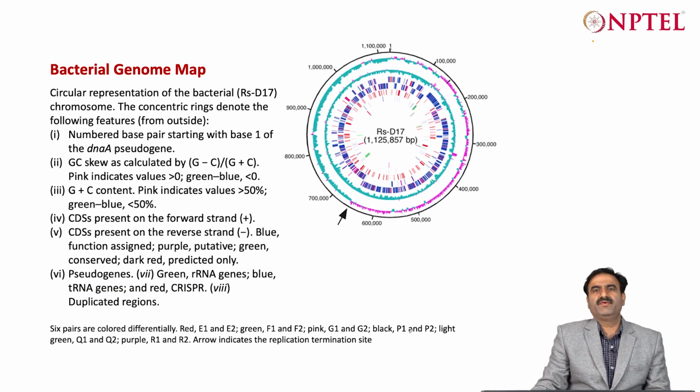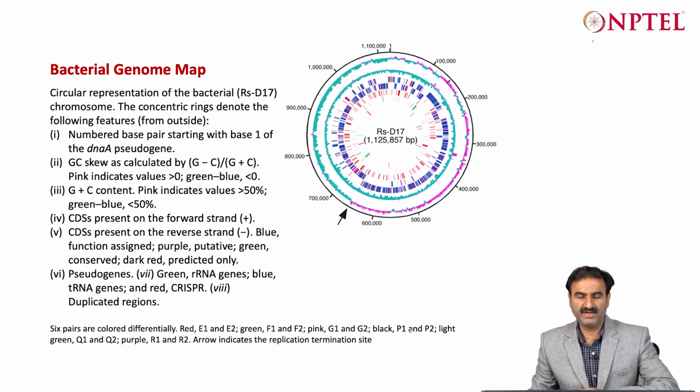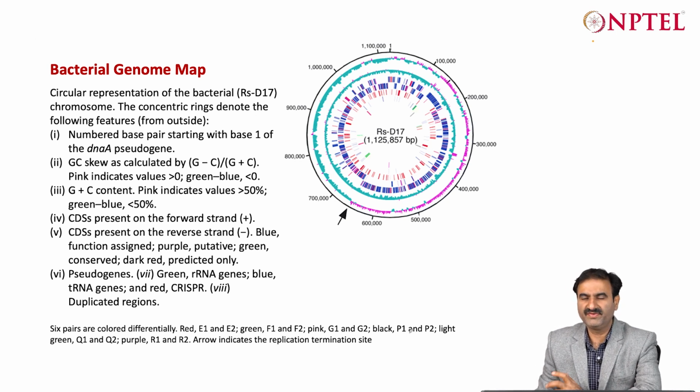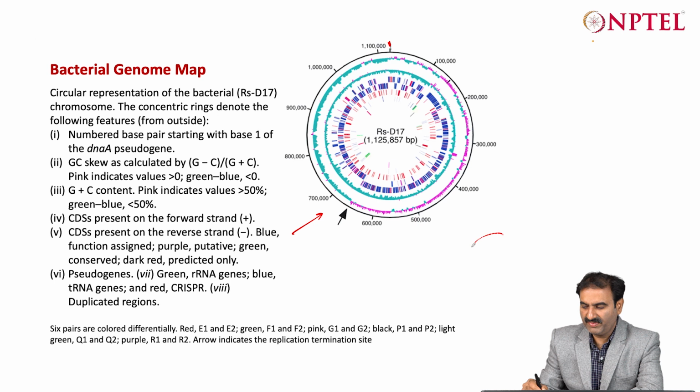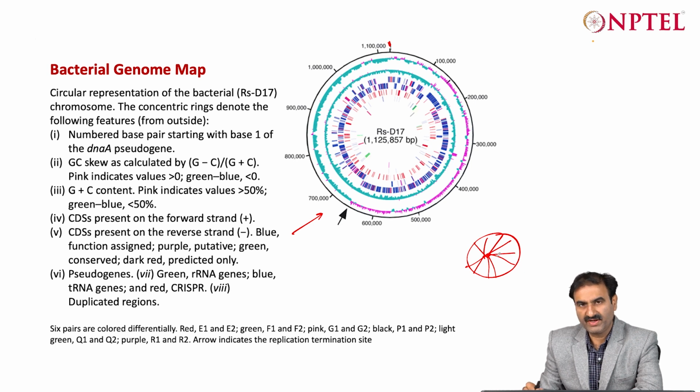Okay, so once you have done the genome sequencing and assembly, you will be reaching something like this. But if you note here, there is numbering which is 1 to say 1.1 million, right. So how to say which one is the first base pair in your genome, because the bacterial genome is basically circular. It is like a wheel, just as an example, where you do not know which one is the first spoke of this wheel.